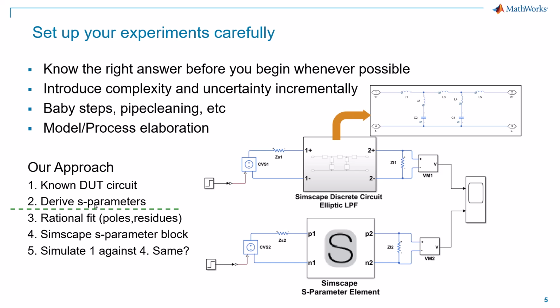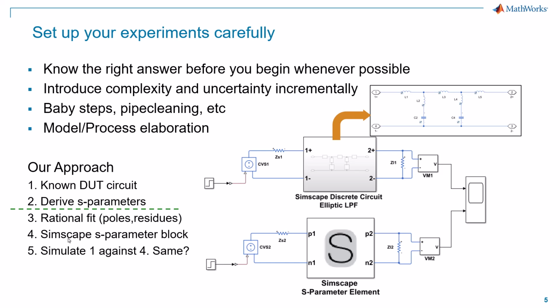So again, I'm going to start with this known analog circuit. This is going to be, in this case, a ladder LC filter that's implementing an elliptic low-pass filter. I'm going to derive the S-parameters, and I'll show you how I do that in a bit. Then using those S-parameters, I'm going to do a rational fit on them to get the poles and the residues.